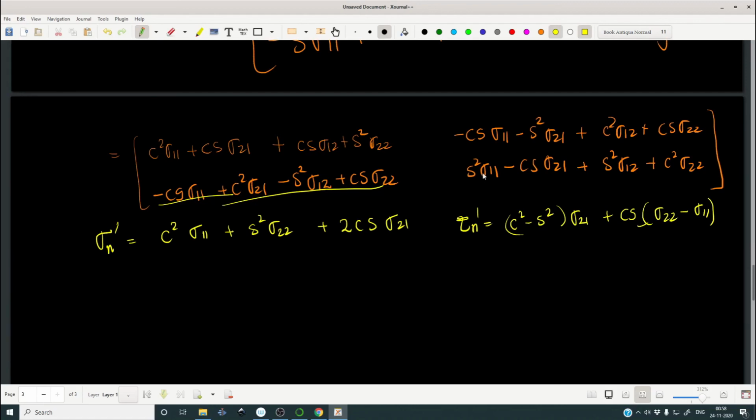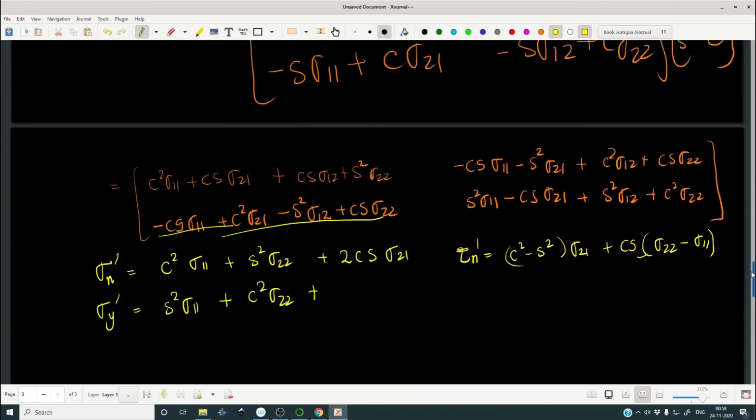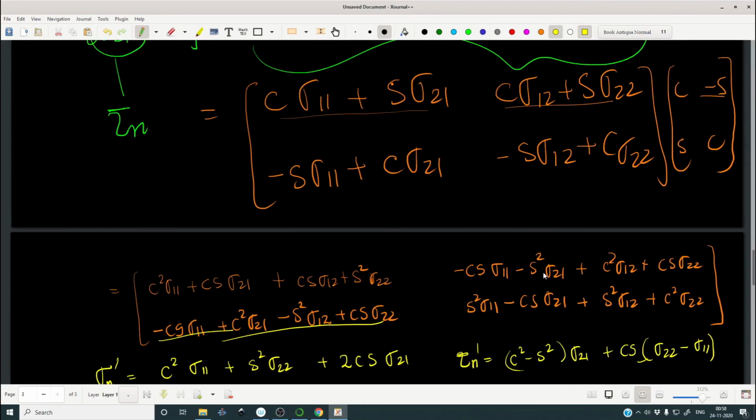While if I call this sigma y prime, this comes out to be S square sigma 1 1 plus C square sigma 2 2. So obviously we have made a small mistake. This should have been this times this. This should have been minus CS.